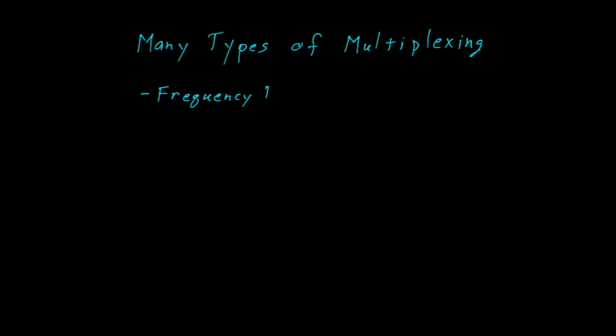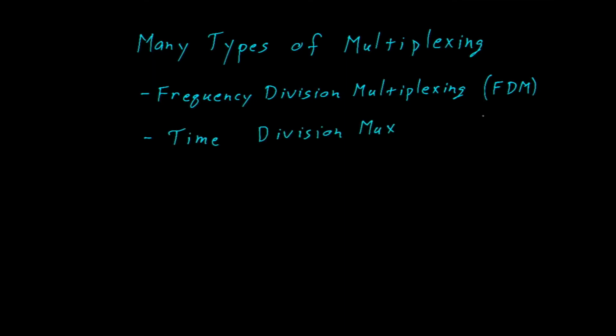There are many different types of multiplexing. Including frequency division multiplexing, which we'll abbreviate as FDM. There's time division multiplexing, which we'll abbreviate as TDM.